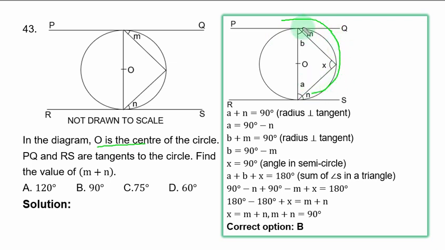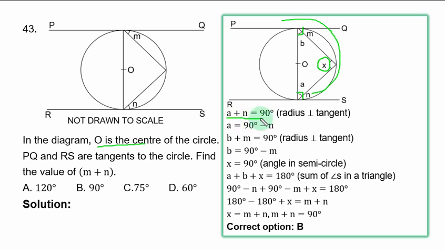Now, anytime a tangent meets with a radius, the angle formed is always 90 degrees. So here is also 90. Because O is the center, this line must be a diameter. For that reason, angle S is 90 degrees. Angles in semicircle. So A plus N equal to 90.